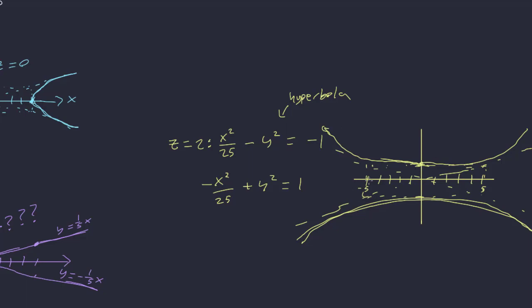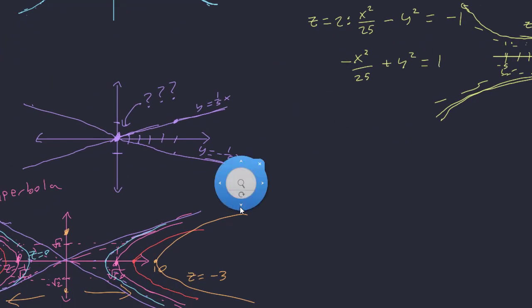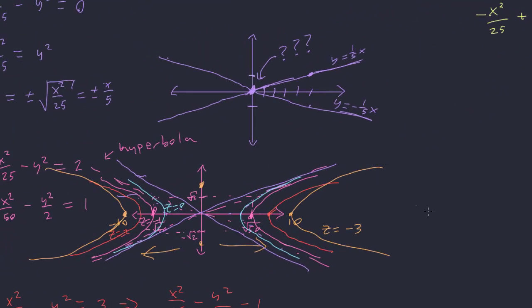So when z is equal to 2, if we go back here, notice that as z goes from -3 and gets closer and closer to 1, these hyperbolas are coming closer and closer together to this x value, and then they flip.